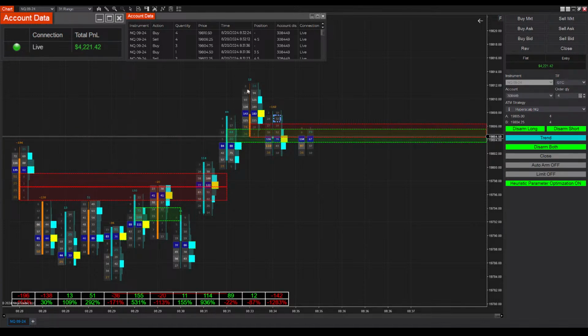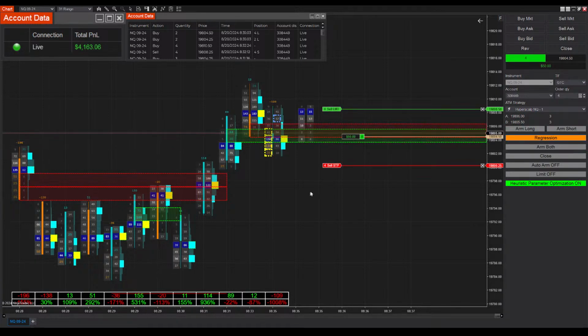You can see here we had non-correlated delta and price, and we're getting some conflation around that price level, so we're going to swap to regression. Just got put into a long position here.